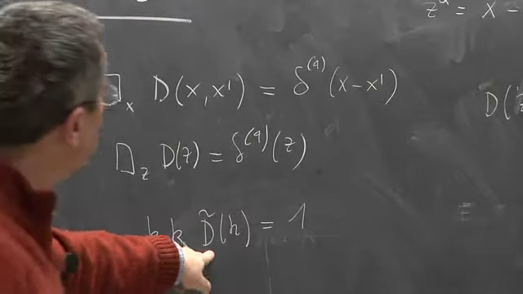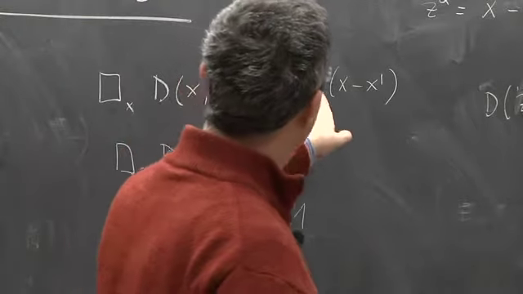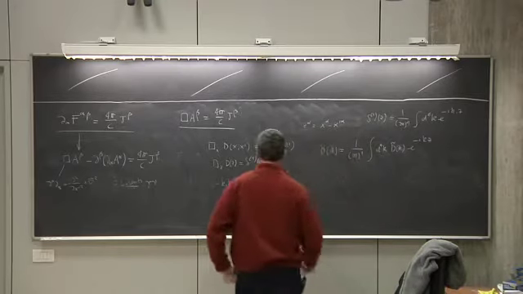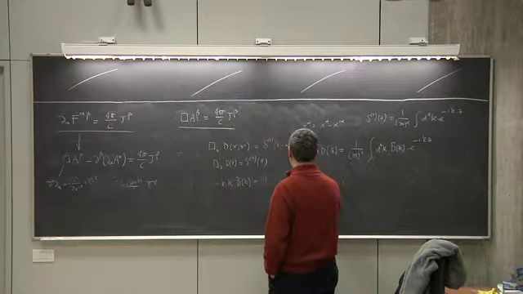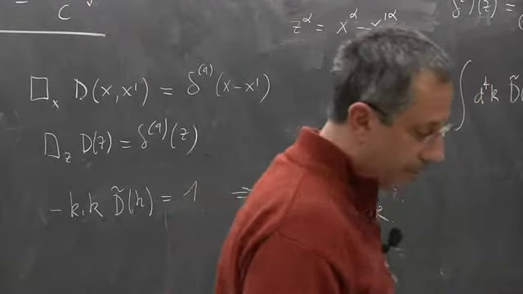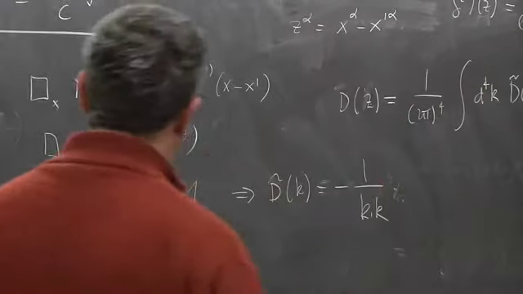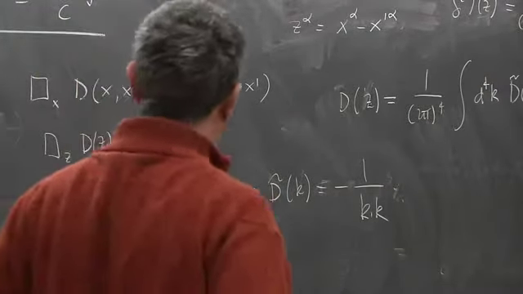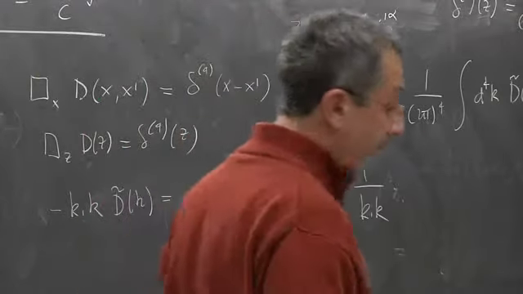Then here you put the G tilde, and the Fourier transform of the delta function, you can read it off from here, is just 1. So you see immediately you have the solution, at least in Fourier space, that is 1 over minus k squared. And exactly as we had, this is no big deal.